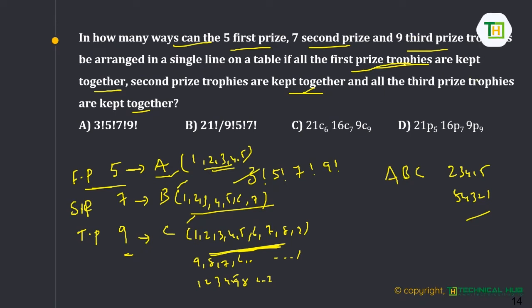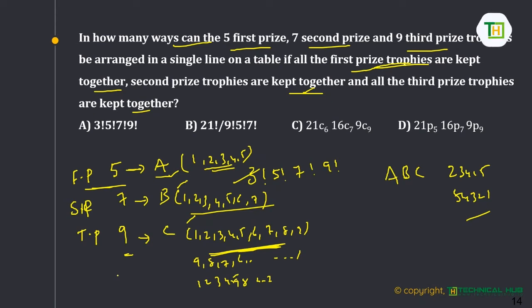They are kept together, so consider the first prizes as 1 unit, the second prizes also as 1 unit, and the third prizes also as 1 unit. Here I am taking A, B, C. So ABC you can arrange in 3 factorial ways. In A, there are a total of 5 first prizes. You can arrange those 5 prizes as 1, 2, 3, 4, 5 or 5, 4, 3, 2, 1, like that. Different ways are possible.